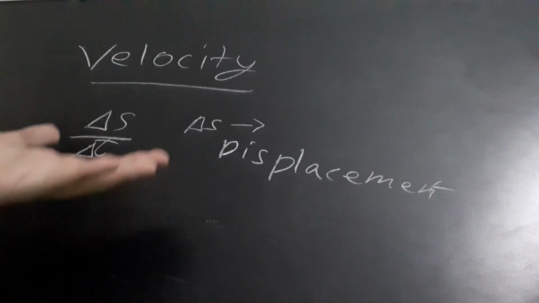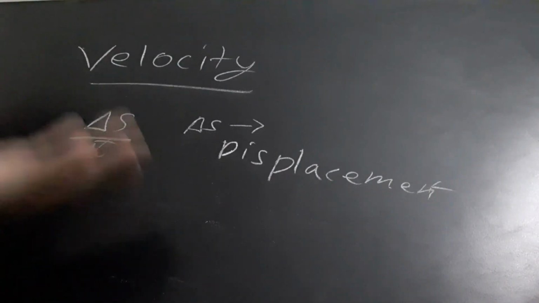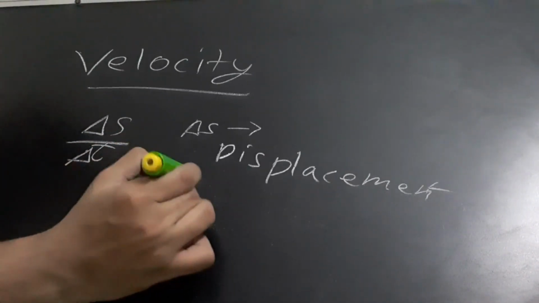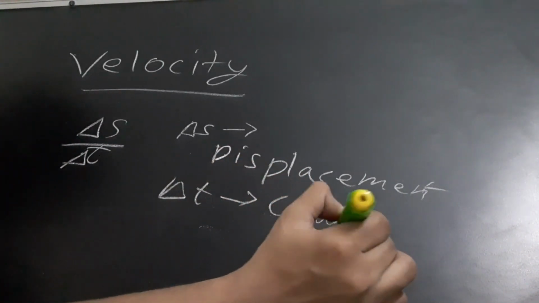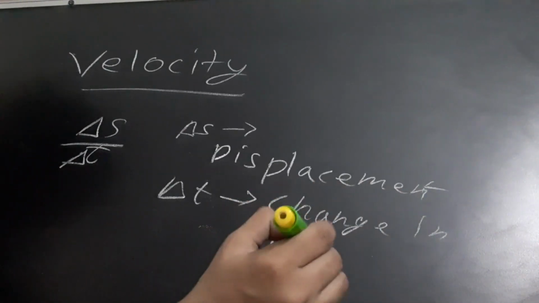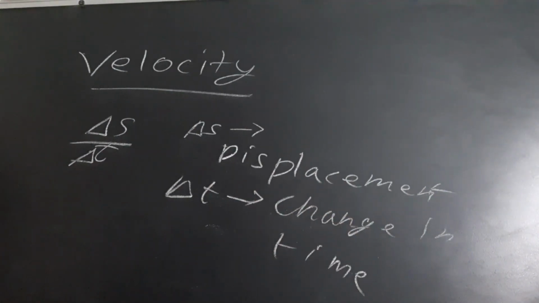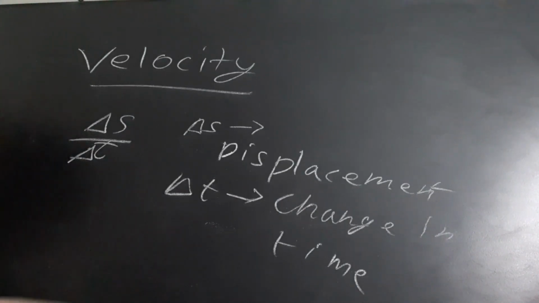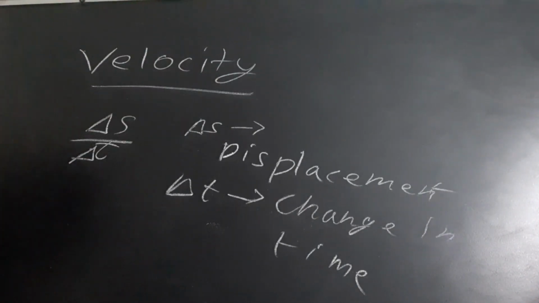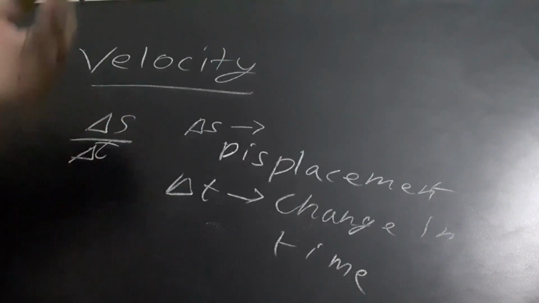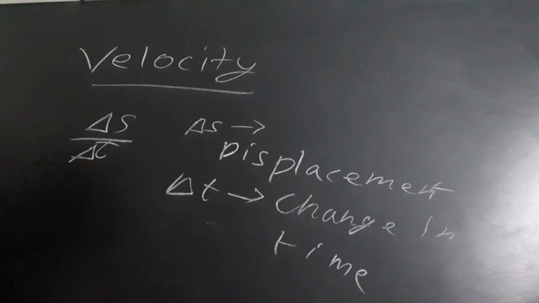Displacement is the same as change in position. We have studied that. And delta t, well, the usual meaning, change in time. So velocity is the change in position, or the displacement, upon the change in time.